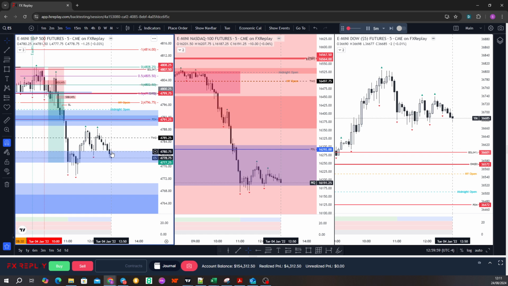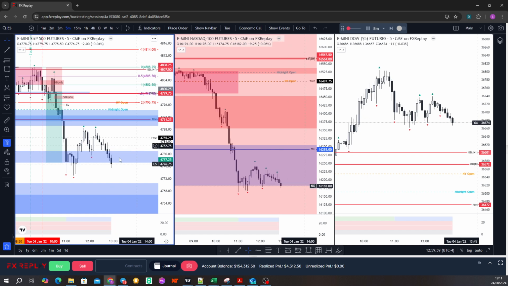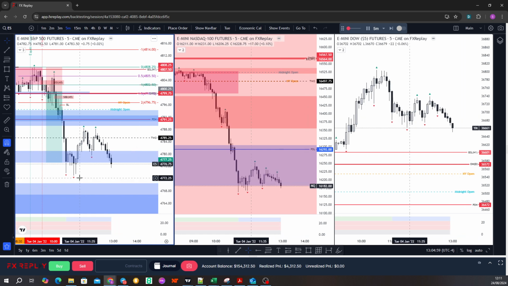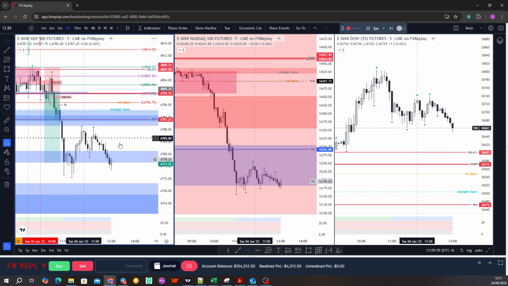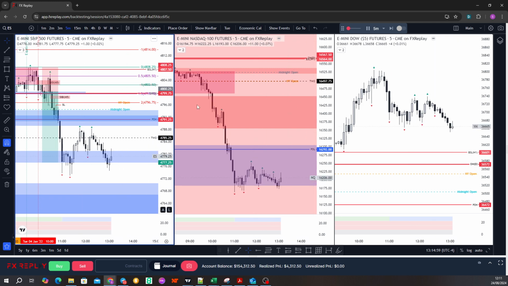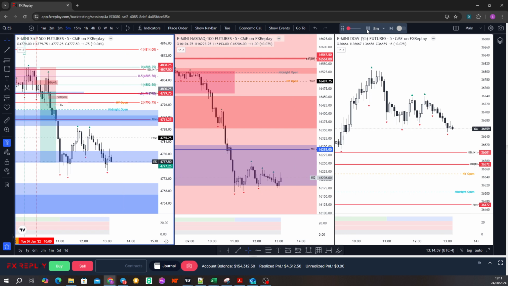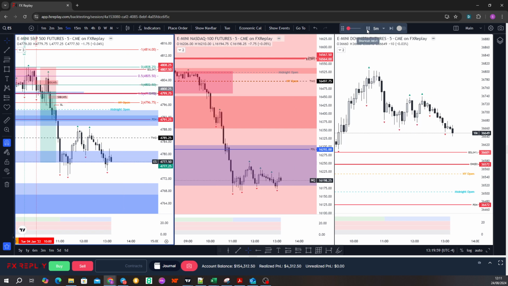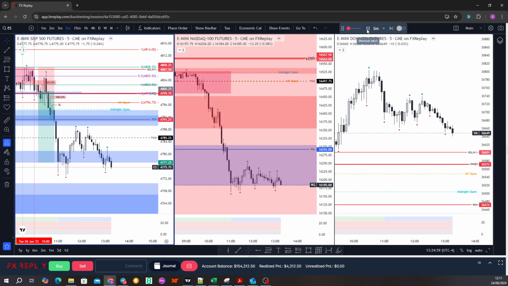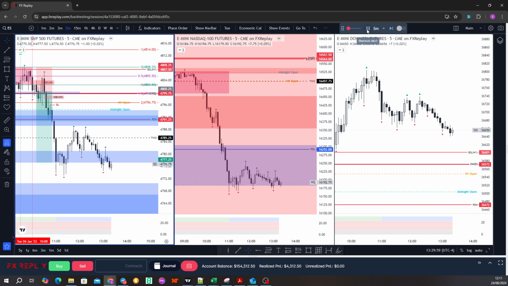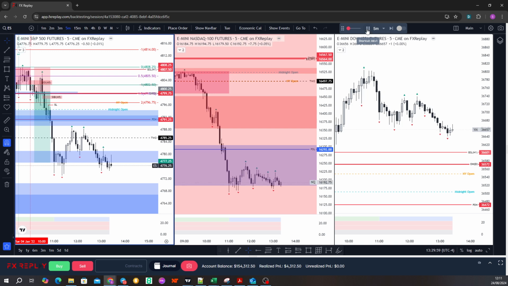What time are we? Lunch. So we should see continuation. Low left. A double top could be targeted. It's also left.